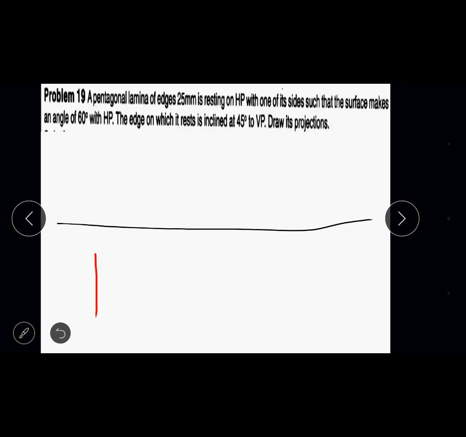Better to remember exterior angle 72, because ultimately in computer drawing you will be using the same exterior angle, 72 degrees, and then 144, then again 72 degrees. Since in computer drawing you will be using exterior angle, it is better to follow exterior angle in this manual sketching.